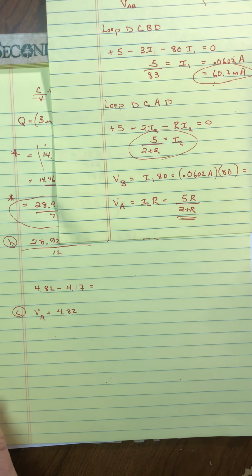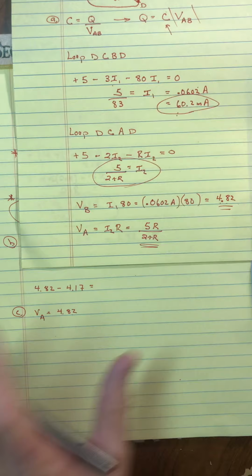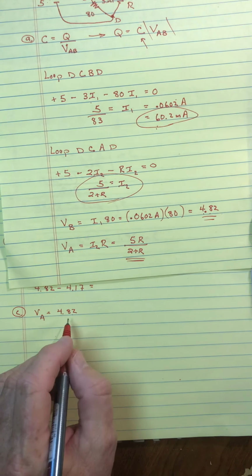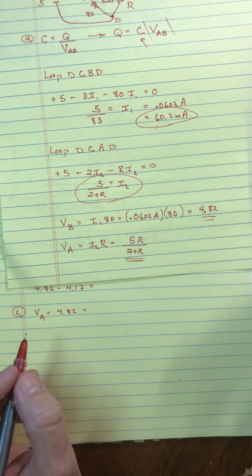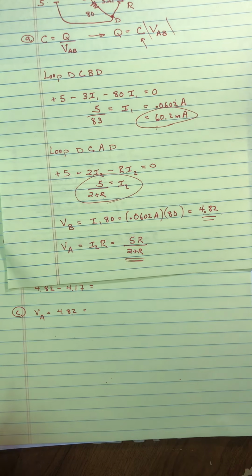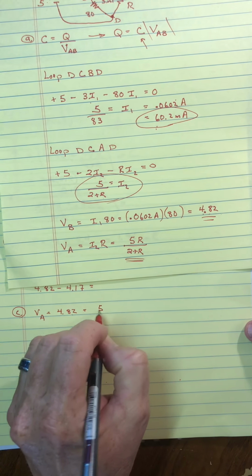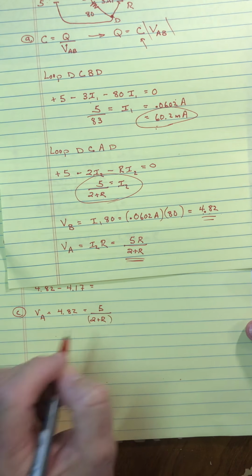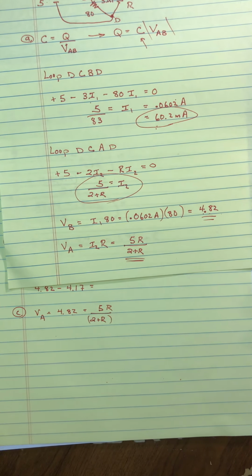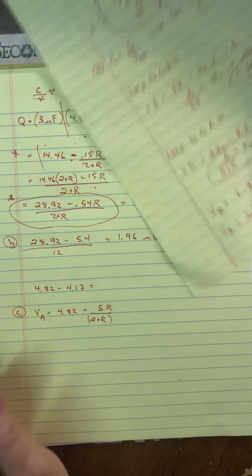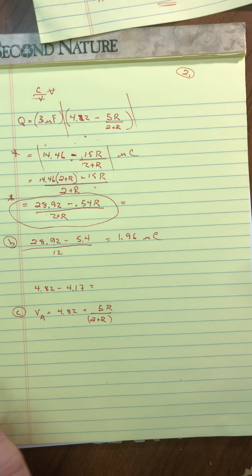Now, it would take a little bit of reverse engineering going back here, because that number is actually made up of the current and the resistance. And so the current, as we said, would have to be 5 divided by this 2 plus R, times R. And I don't know if that's easier to solve or to set equal to 0.